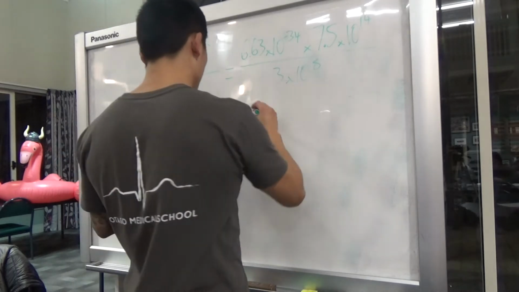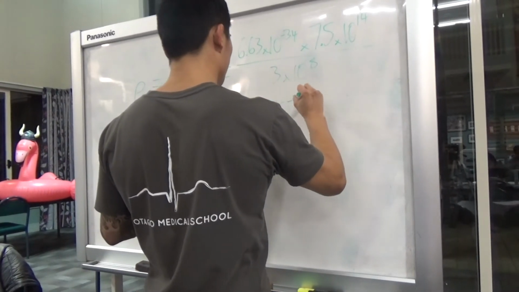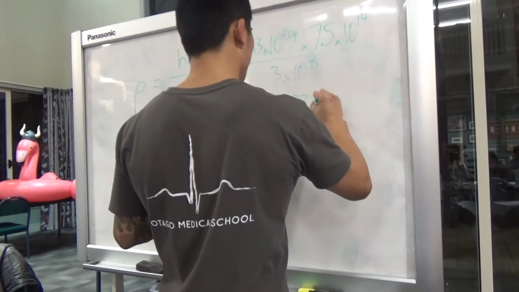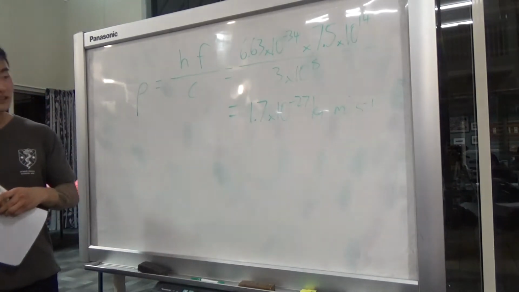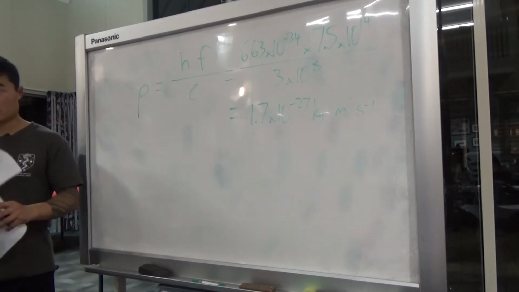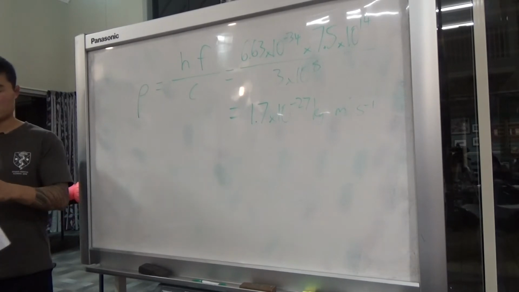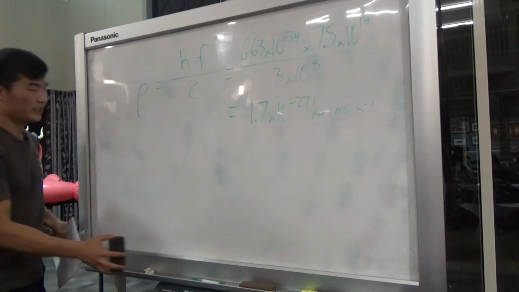That will be 1.7 times 10 to the negative 27 kg meters per second. Okay, that one was pretty easy.